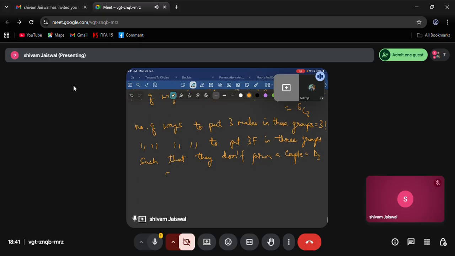So the number of ways is 6C3 into 3 factorial into D3. How much is it coming? 2 into 20 into 6. So 240.